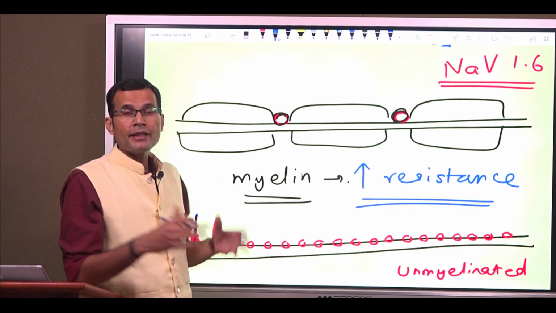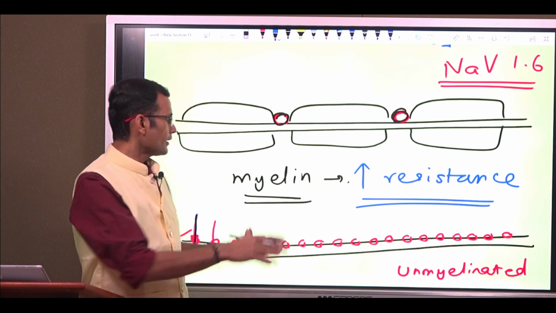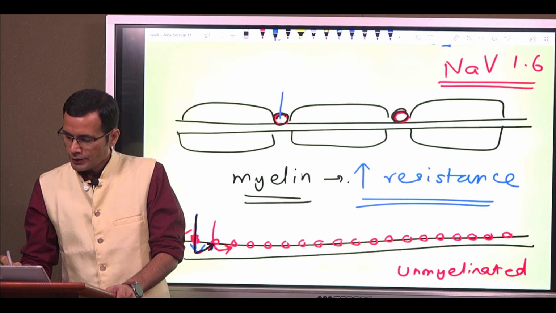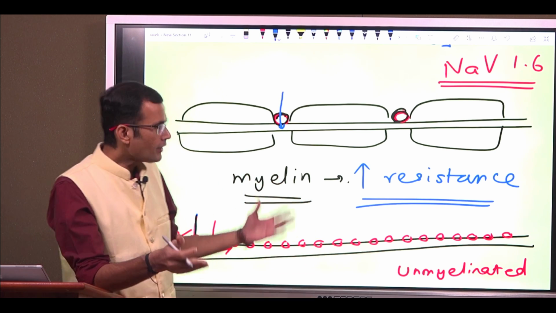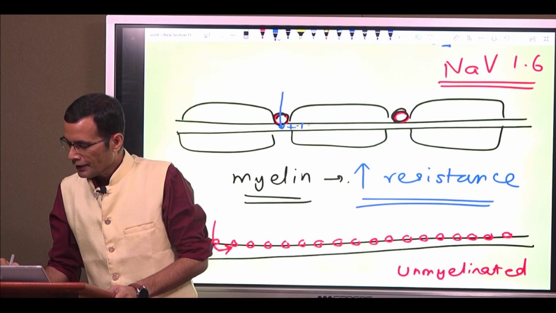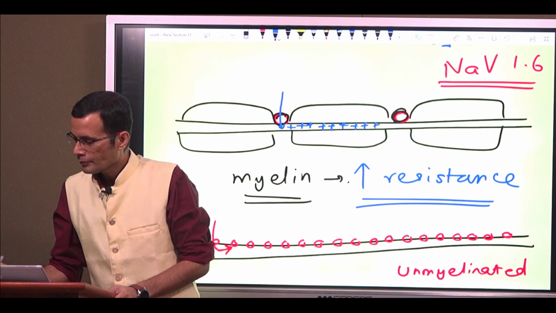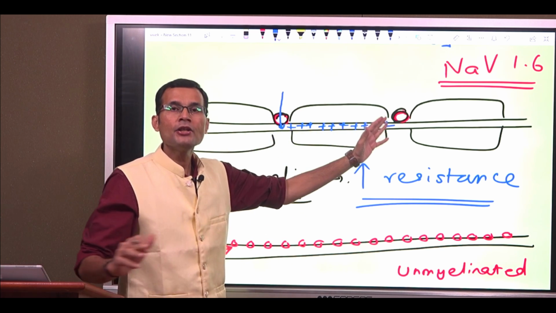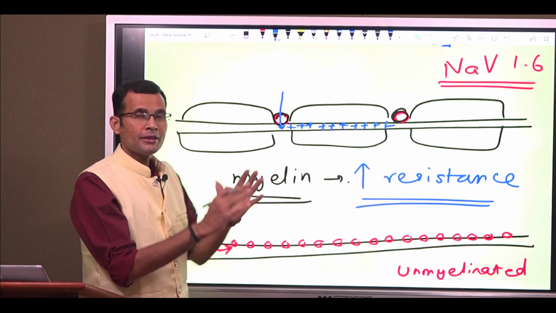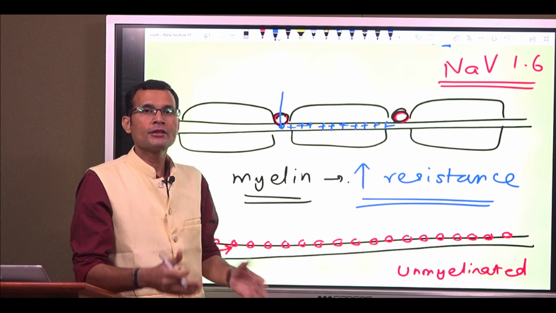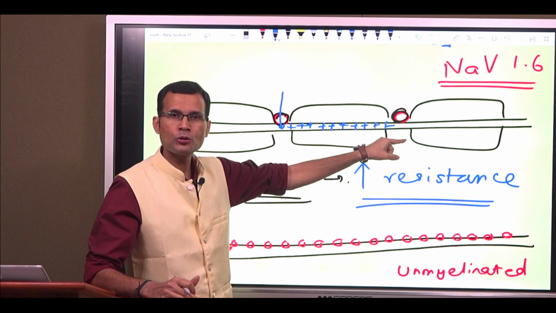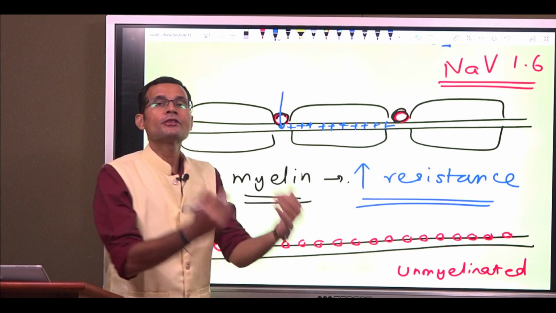Since myelin acts like an insulator, it increases the resistance of the membrane, so that the sodium ions and positive charges that enter from one node of Ranvier can travel in substantial amounts and reach the next node of Ranvier, so that the current strength is good enough to cause the next node of Ranvier to reach threshold.